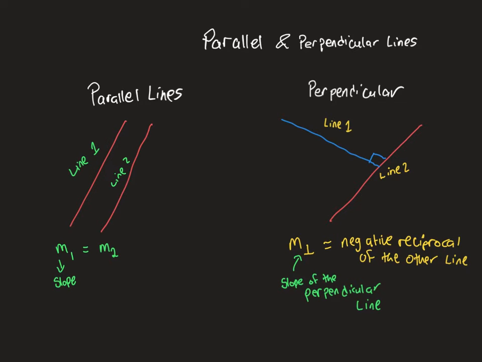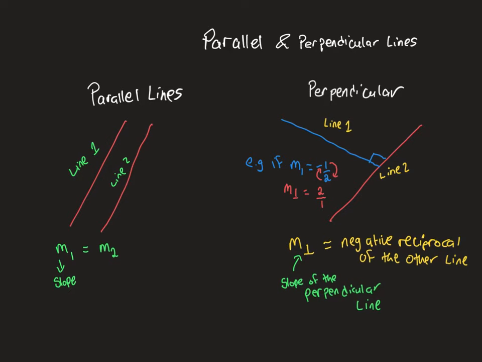So, for example, if the slope of line 1 was negative 1 over 2, then the slope of the perpendicular line would be, you would take the reciprocal, and reciprocal means that you do the flip-flop, so what was on the bottom goes to the top, what was on the top goes to the bottom, and then you change its sign.